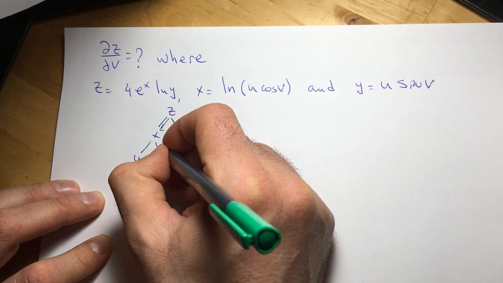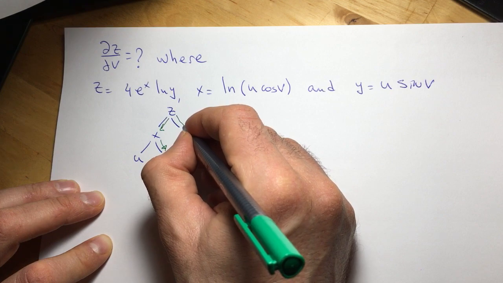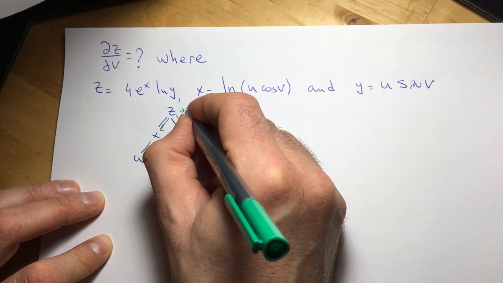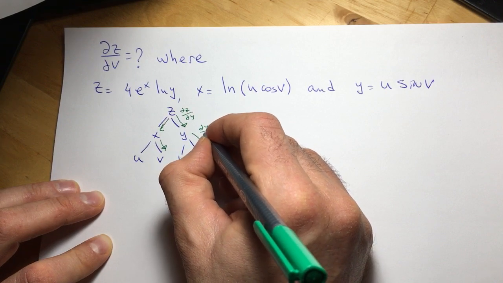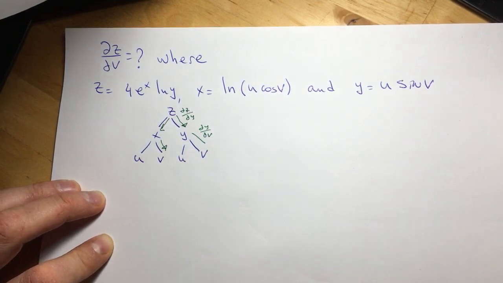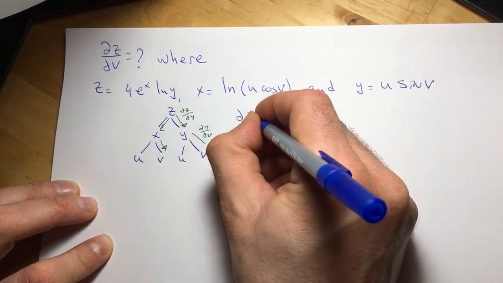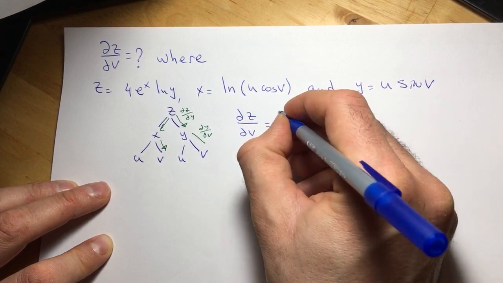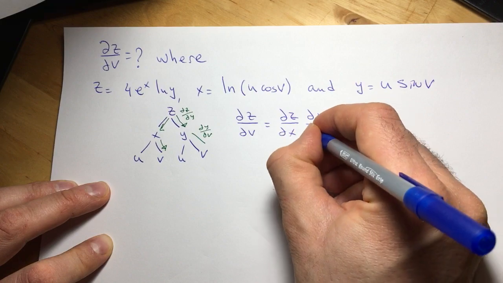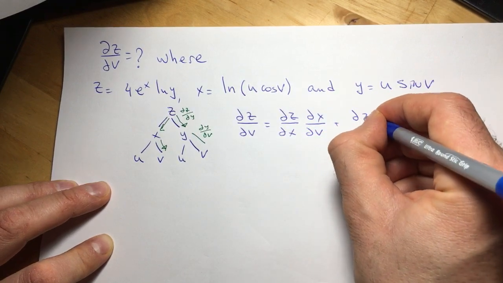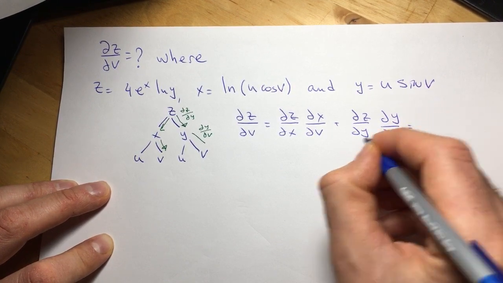That's partial z, partial x times partial x, partial v, plus partial z, partial y times partial y, partial v. Okay, so we can write that down. Partial z, partial v is equal to partial z, partial x times partial x, partial v, plus partial z, partial y times partial y, partial v.